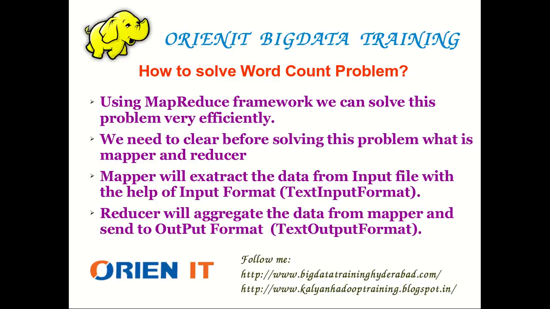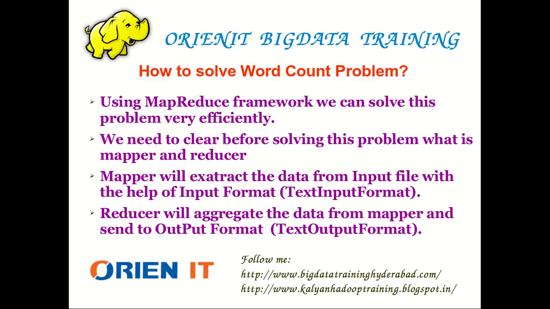The benchmark people gave in the year 2000 was 1 TB of data using MapReduce solved in 62 seconds. That means there are n number of machines running the program in parallel and producing the results. Even with commodity hardware machines, we can always get the best results with the Hadoop MapReduce framework. That is the goal of Hadoop MapReduce.